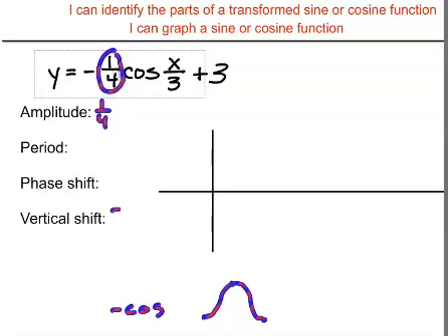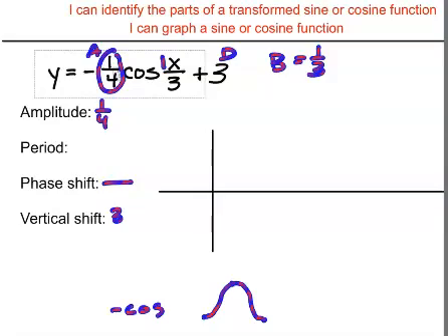Vertical shift is 3. So this is our A, this is our D. Now, there's nothing inside parentheses, but what is the number in front of that X? It is an implied 1/3. So this B is equal to 1/3.